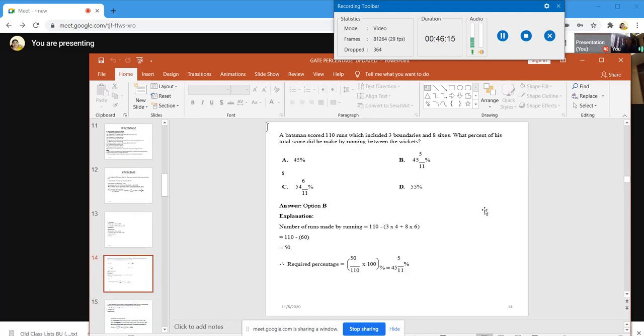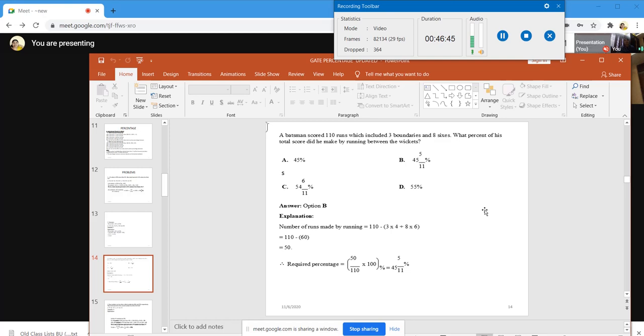For the next one. A batsman scored 110 runs, which included 3 boundaries and 8 sixes. What percent of his total score did he make by running between the wickets? Okay, right. So they asked, 110 runs taken, which includes boundaries and sixes, and they are asking the percentage by running.